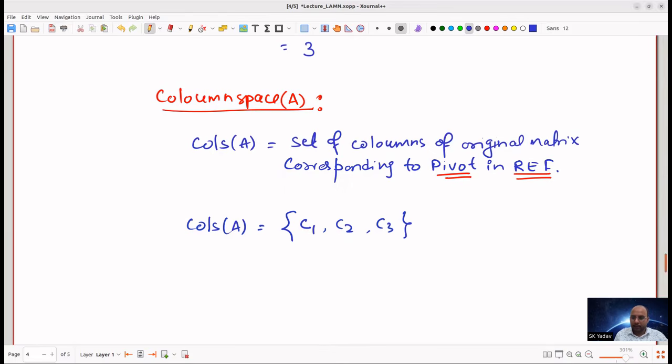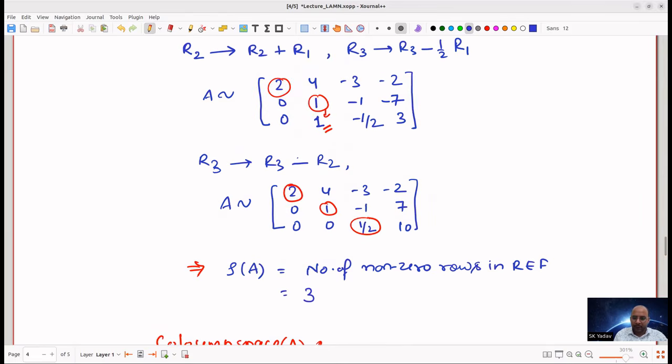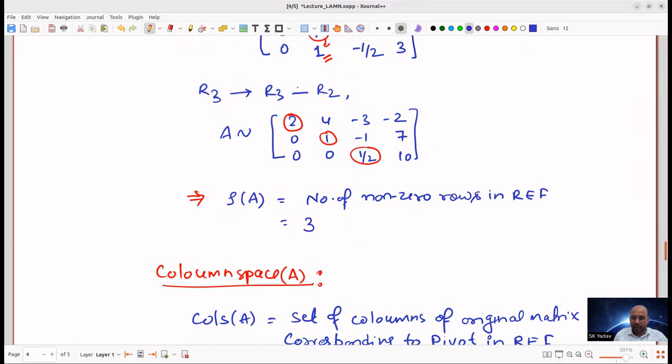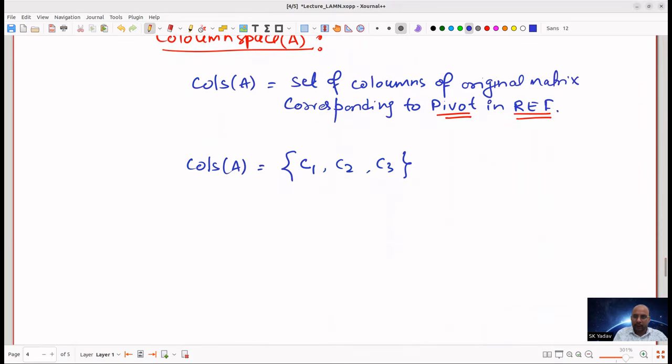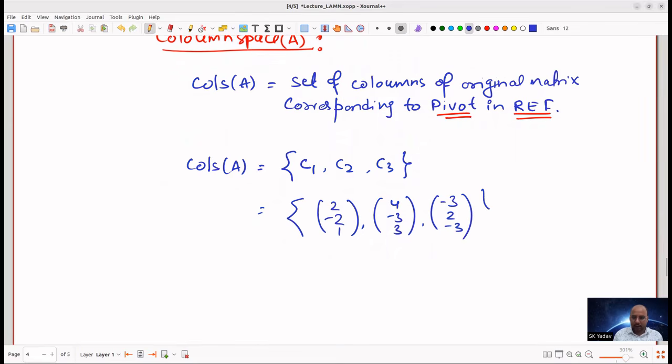The fourth column has no leading element, so it will count only these. The original columns are 2, minus 2, 1; then the second column 4, minus 3, 3; and the third column minus 3, 2, minus 3.